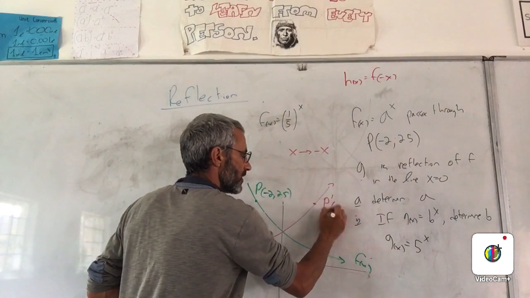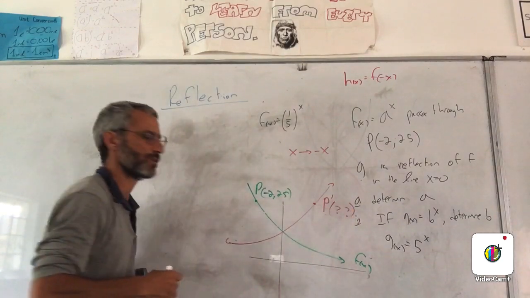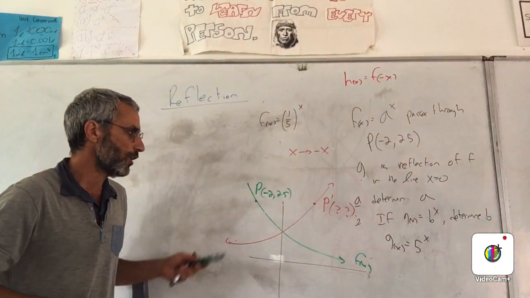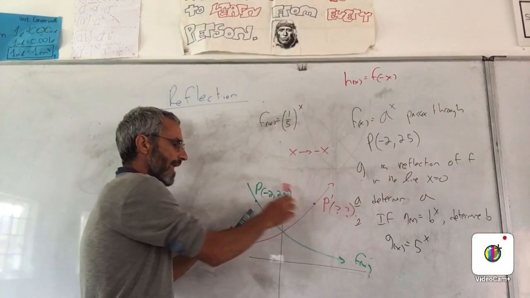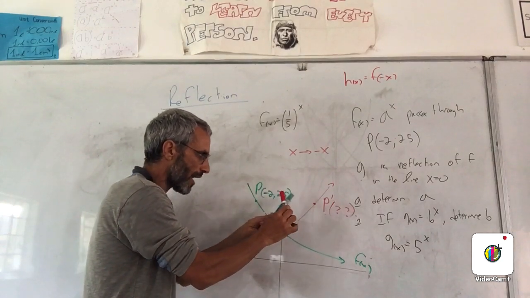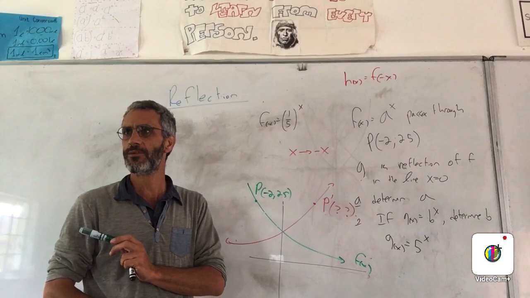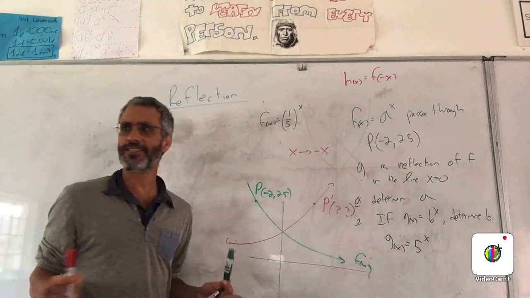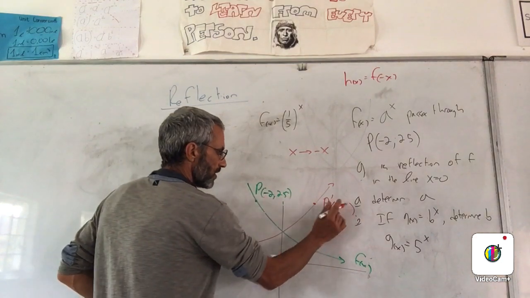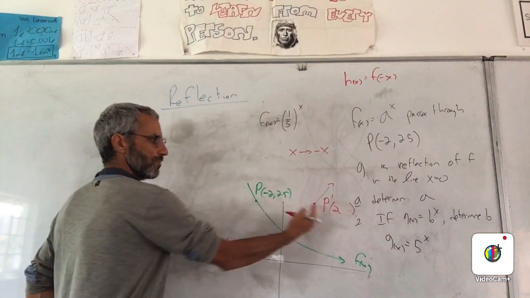So the question is, what are these numbers? I'll try and explain. What does it mean that this is the image of that point? It's basically if you reflect that point over the y-axis, you're going to get it. And if you understand that, then there's no calculation. If this is minus 2, that means this is going to be 2.